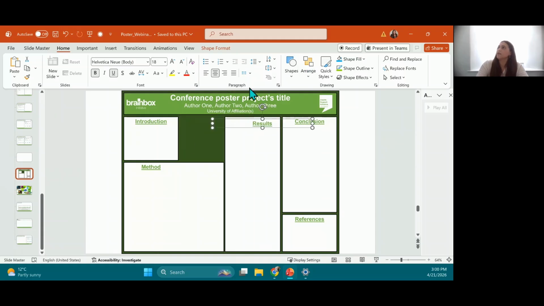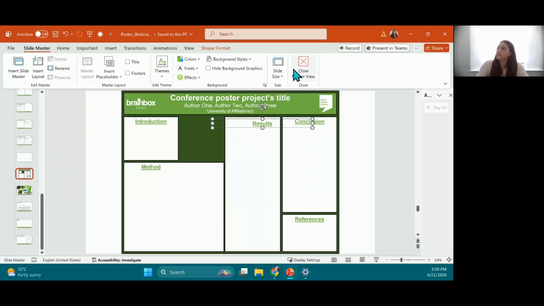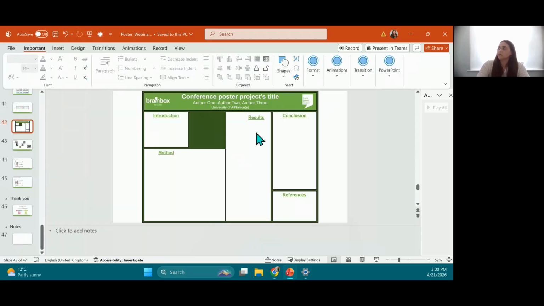And then when you close Slide Master View, now this isn't movable. You can't click this or move it. It's a part of the background, basically. So this is an easy way to make the backgrounds of your poster so that you can't accidentally move things around.